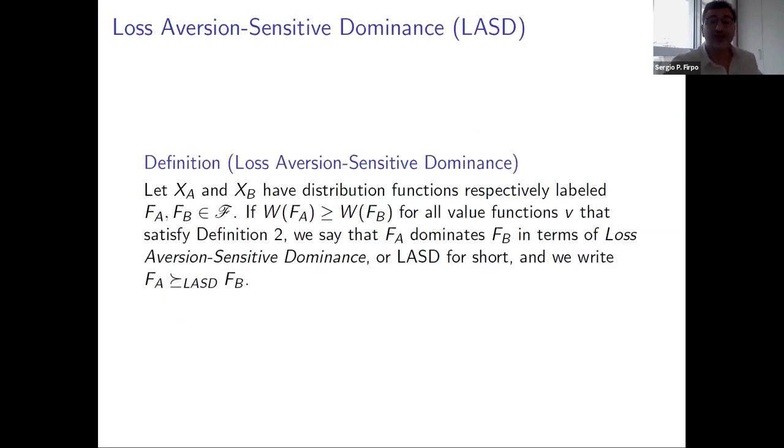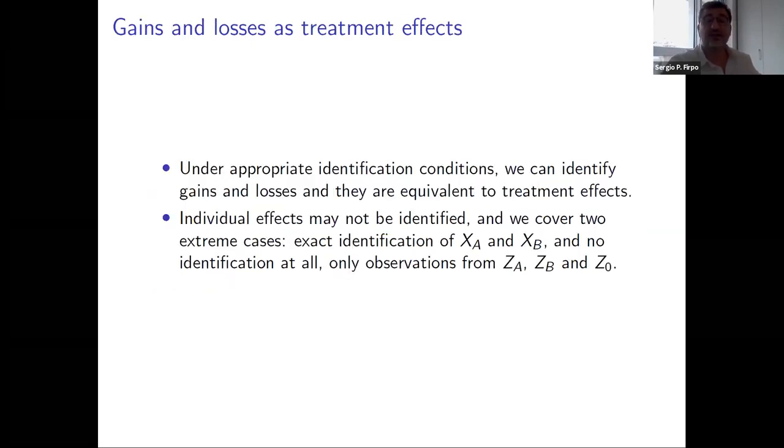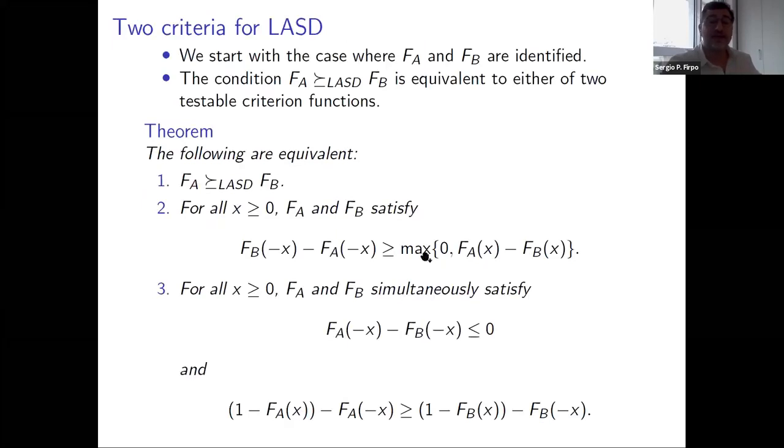Okay, so we're going to define what we mean by loss aversion sensitive dominance, right? We're going to say that FA dominates FB under this criterion if this thing happens, okay?